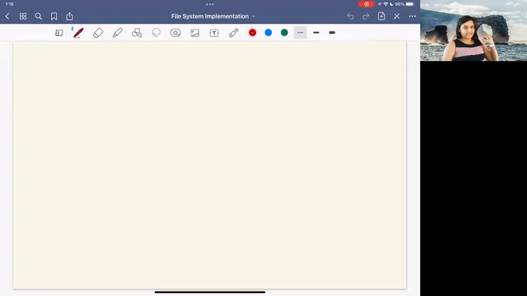If you want to implement a file system, there are many design decisions that you would have to take, because a file system is a very key entity that decides how the data is stored, where to store the data, and upon a request, from where to fetch that data and give it to the user.